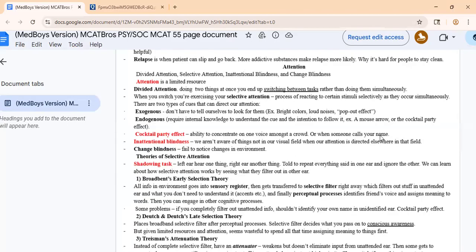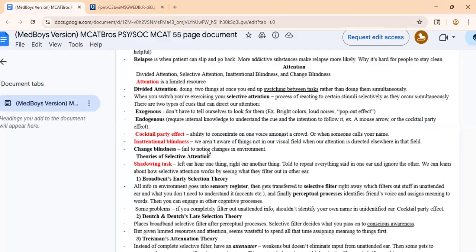It talks about the cocktail party. Imagine you're at a party and someone shouts your name and you just turn around. You're able to understand that cue because it requires internal knowledge: hey, that's my name in the middle of the crowd. Inattentional blindness is basically not being aware of the field of attention.